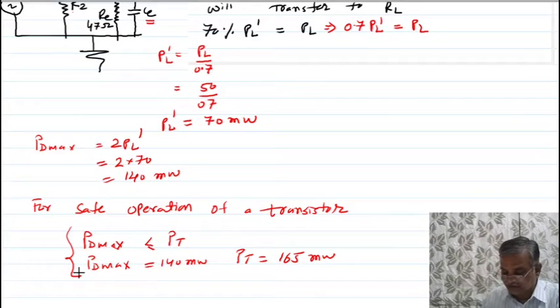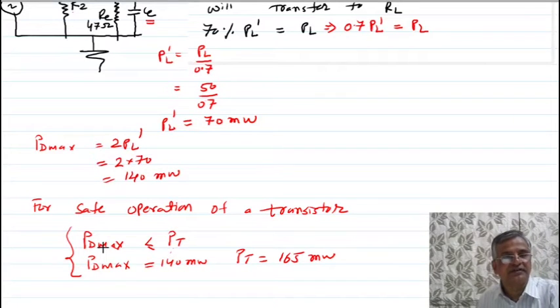If someone says, sir, PT is only 120 milliwatt, the transistor will burn out. So you cannot use transistors whose PT is less than PD. You have to select a transistor whose PT, the maximum average power dissipation capability of a transistor, is more than the PD.